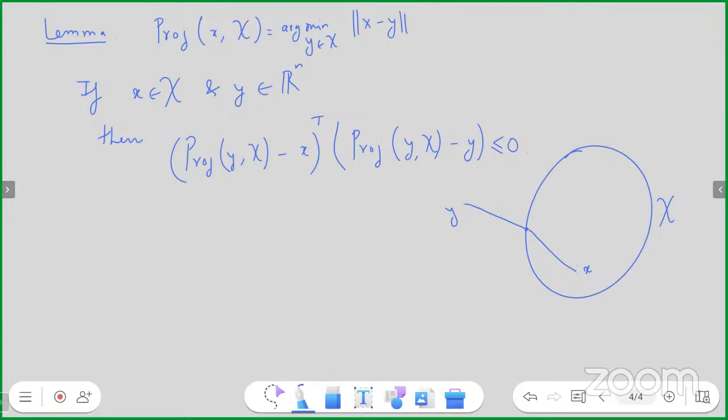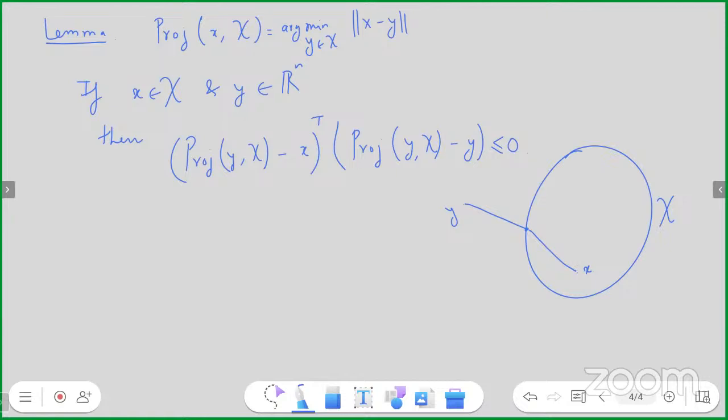You've shown this multiple times. I know, but because I'm going to use it, I'm going to write it again. But why should this be true? If anybody has a doubt, one line answer. Suppose it was false, let's say. What would go wrong?